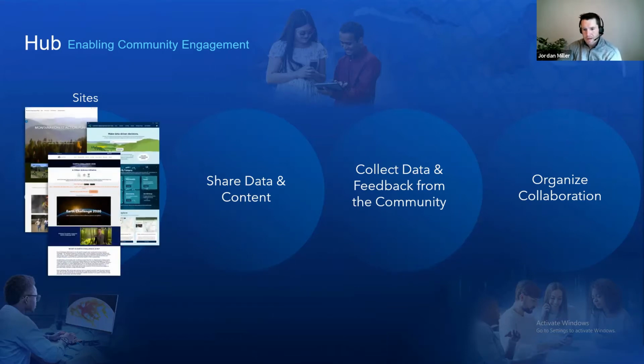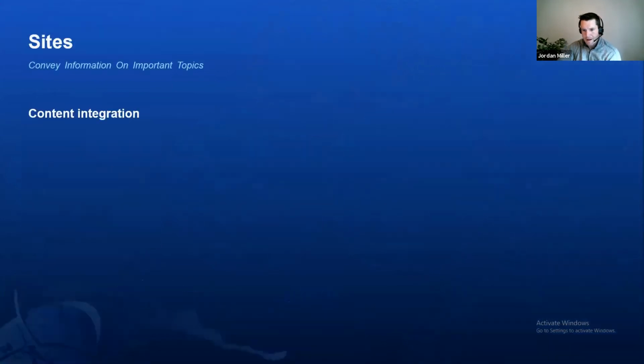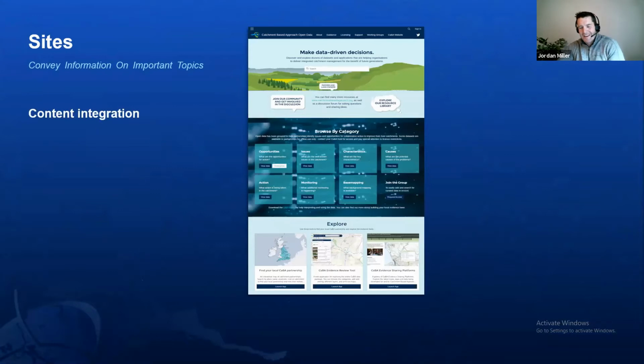So as we go through here, a couple of animations, I'm just going to skip through that because we kind of talked about it. But to get more into sites, really the site is going to be that content integration. Now there are a lot of examples of some great sites out there. We'll take a look at a few once we get into more of the interactive portion of this. But again, it's that content integration where you state the mission of your initiative within the site.